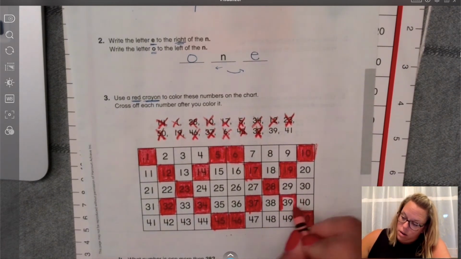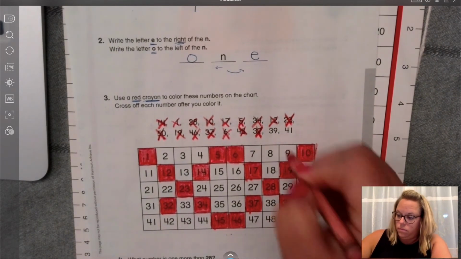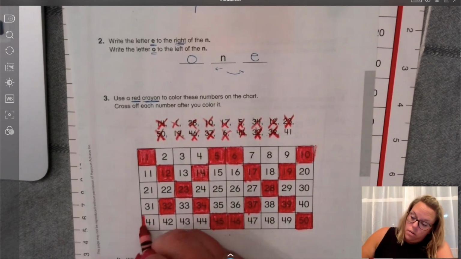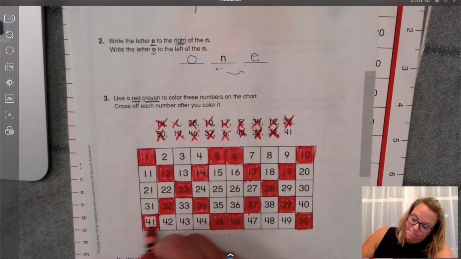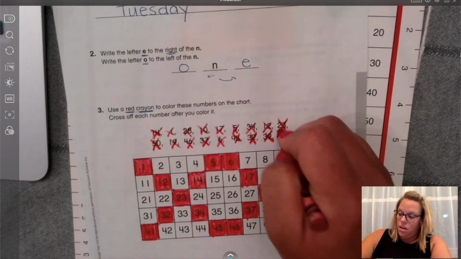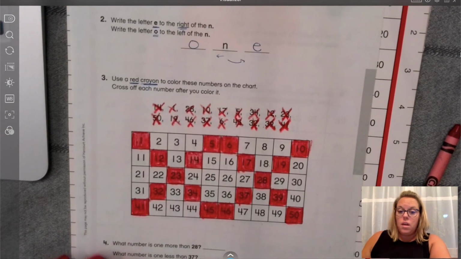And 41. Okay. You should have them all crossed off as you use them.